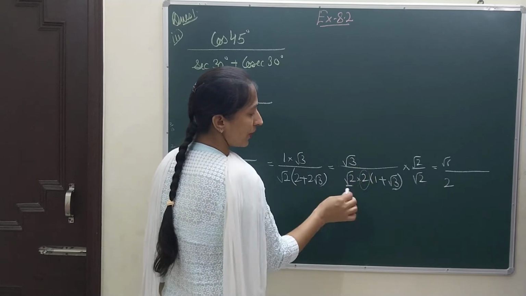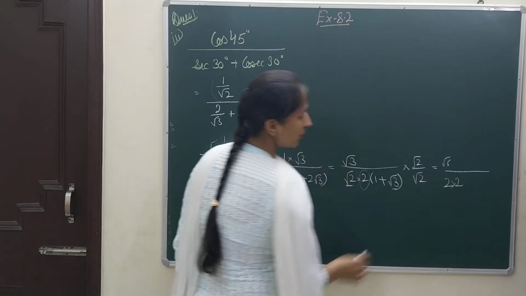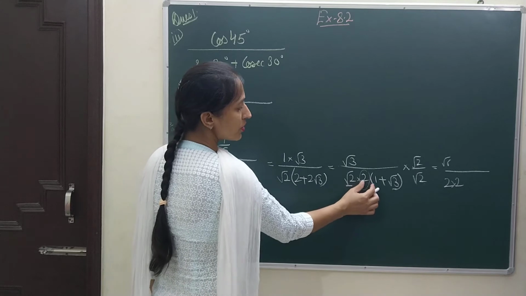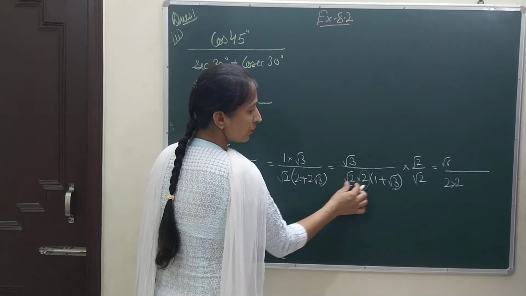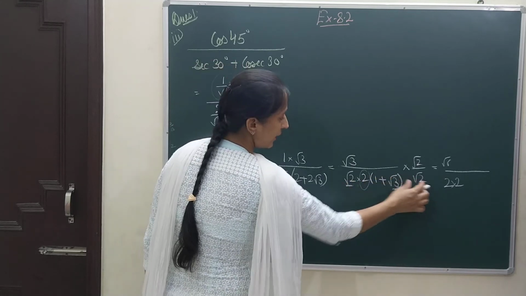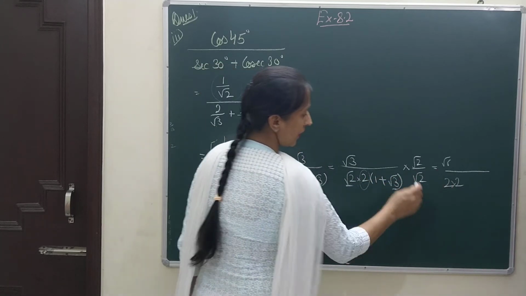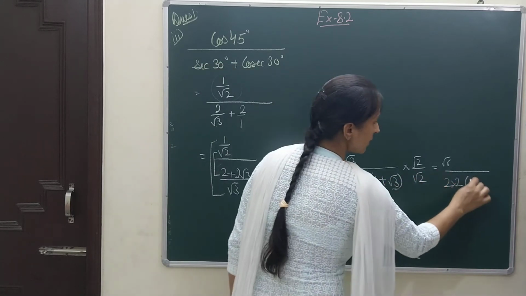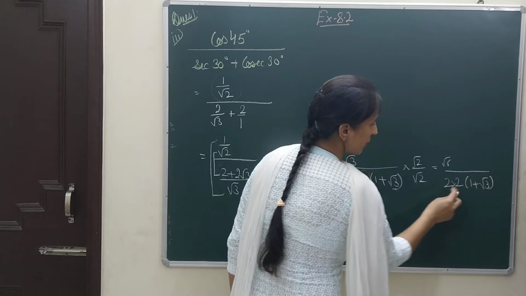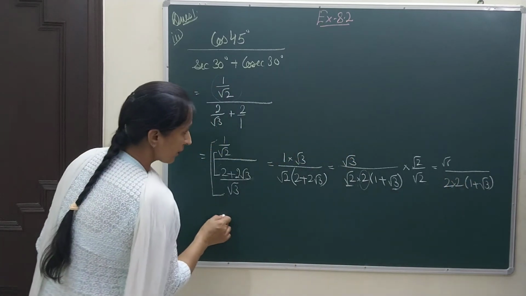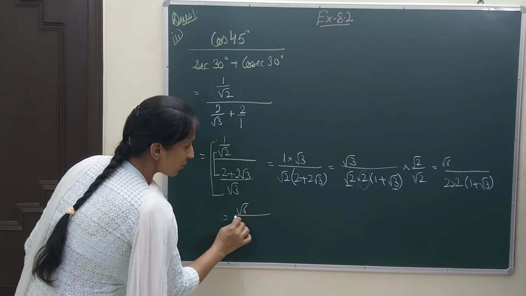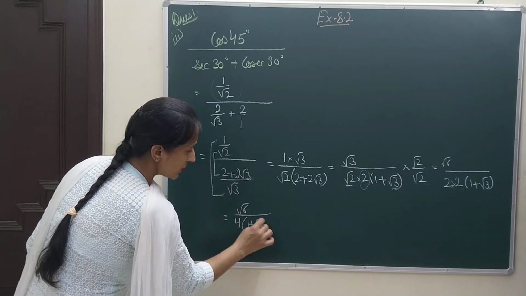One 2 is also lying there. So there are two complete 2's there. One complete 2 was already there. When this root 2 and root 2 are joined together, they make a complete 2. And now what is remaining? 1 plus root 3. So it has turned into 4. I can write root 6 over 4 times (1 plus root 3).